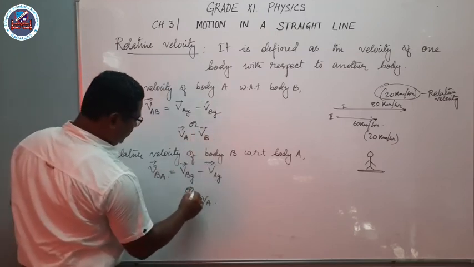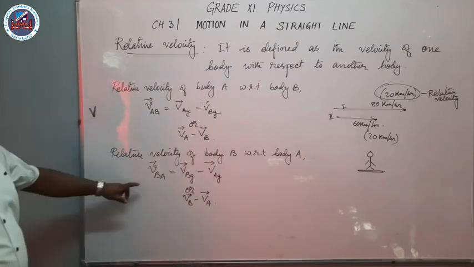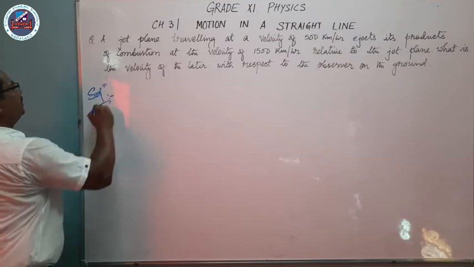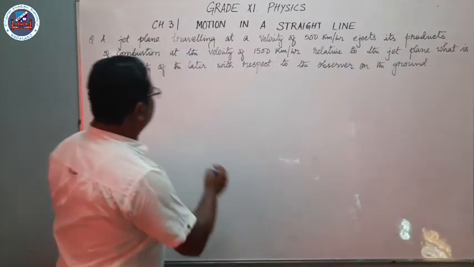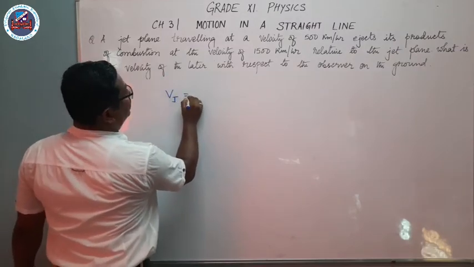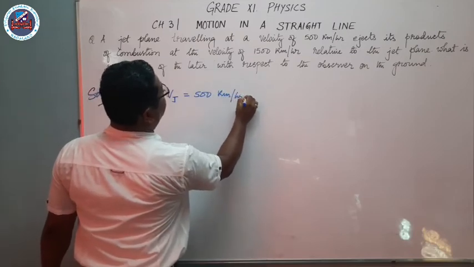Related to relative velocity: a jet plane traveling at a velocity of 500 km per hour. Let me take the velocity of the jet plane as Vj is 500 km per hour.